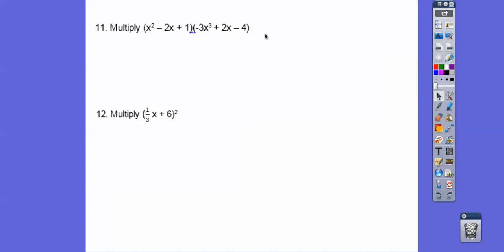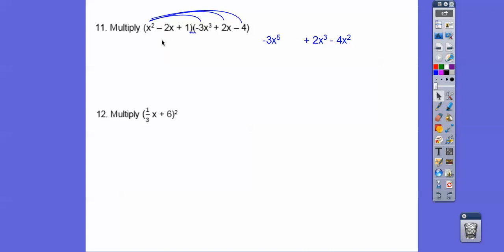Okay, so let's multiply. Let's put this x squared through, so x squared times that, times that, times that. Okay, so I did that right there. And then notice I left a space right there because there's an x to the fourth. You'll see that appear soon.